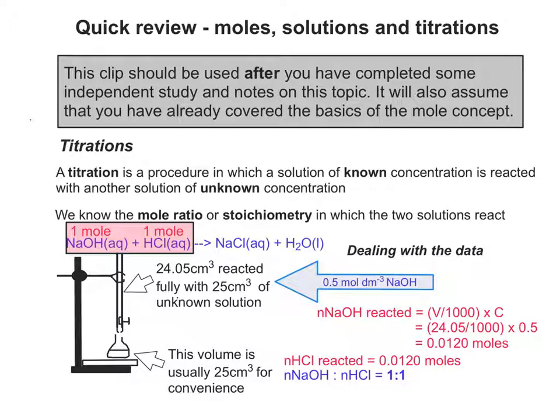And coming back to the mole ratio of the sodium hydroxide and HCl in the equation, we can now say that the number of moles of HCl reacted is also 0.0120 moles. So the concentration of the HCl is n over V, which is 0.0120 over 25 over 1000, not forgetting to convert the units, which gives us 0.481 moles per decimeter to the -3.